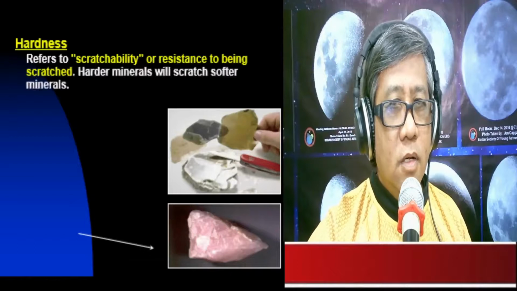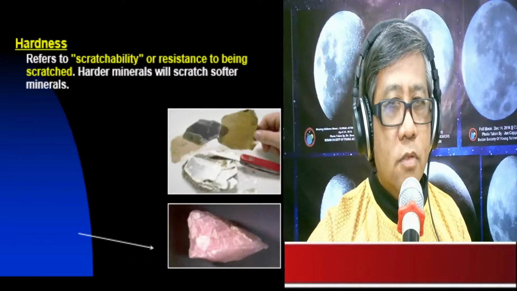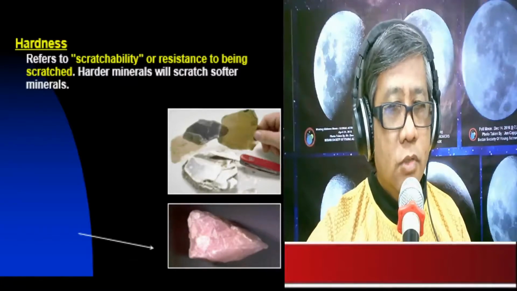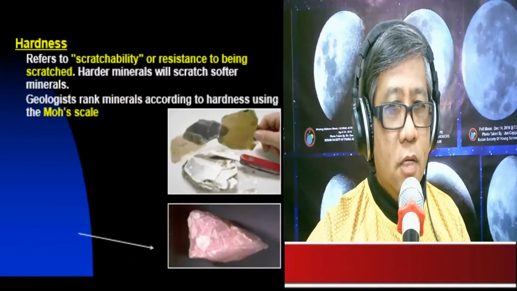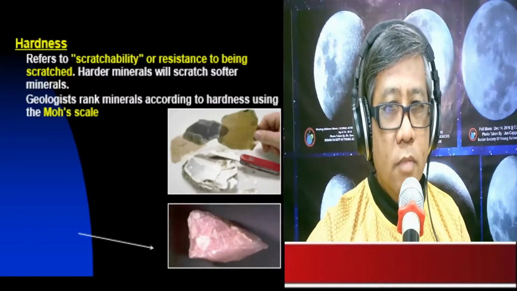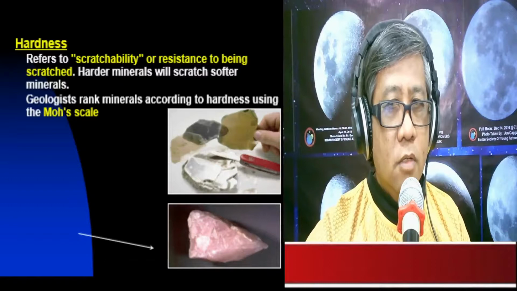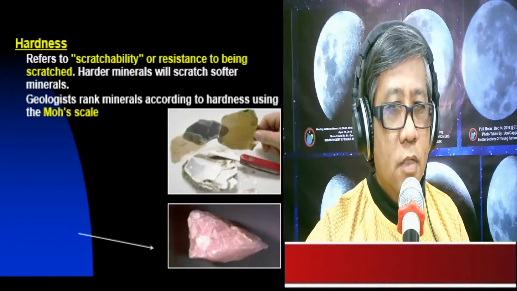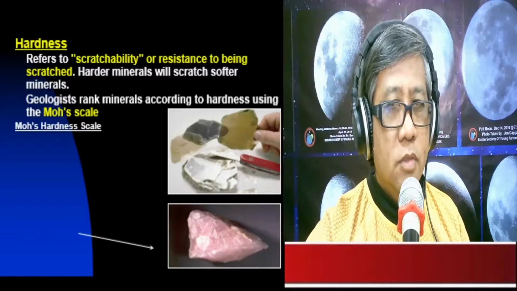Okay, now hardness refers to the scratchability or resistance to being scratched. Harder minerals will scratch softer minerals, and geologists rank minerals according to hardness using the Mohs scale. So everybody, I want you now to take a look at the Mohs hardness scale.